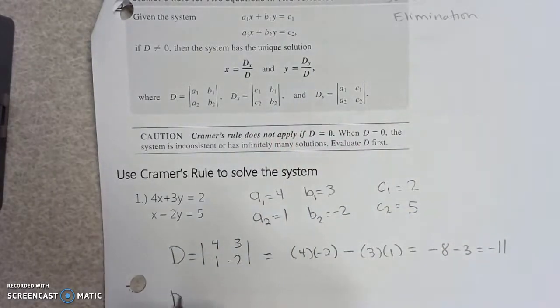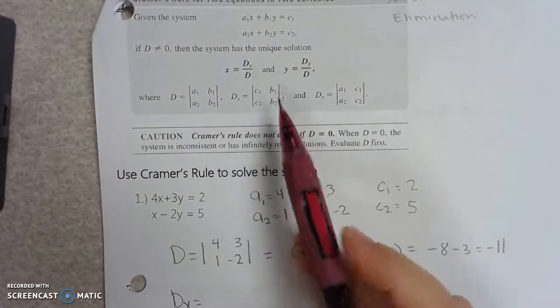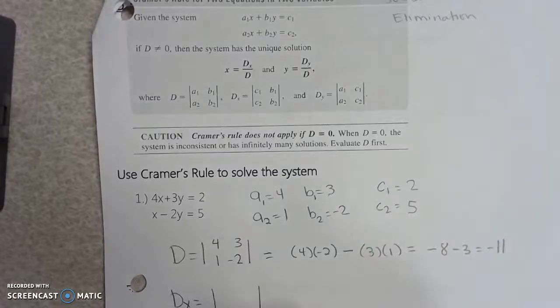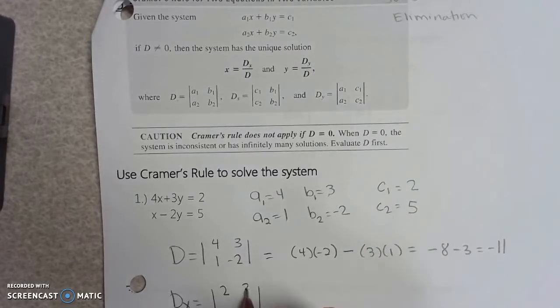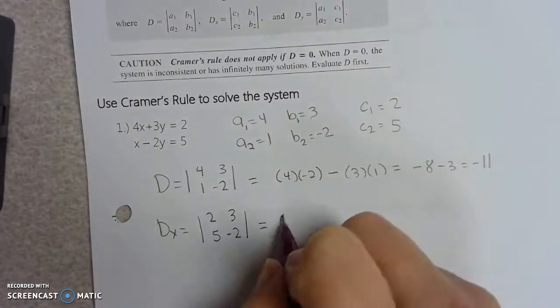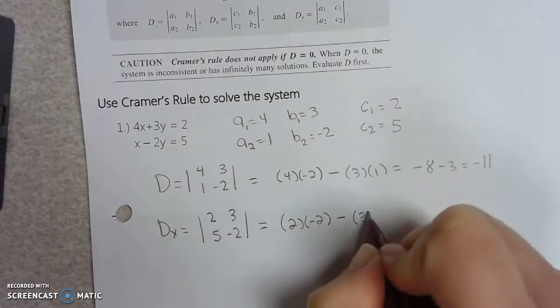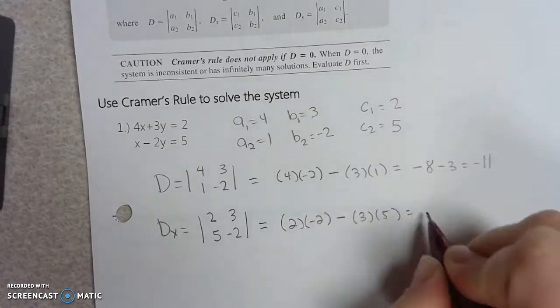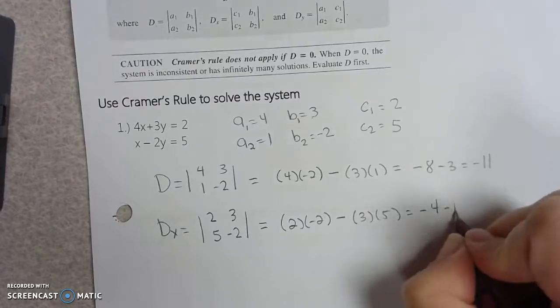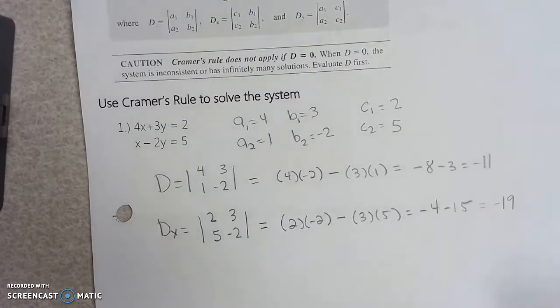So d sub x is c1, b1. c1 is 2 and b1 is 3. Then c2 is 5, b2 is negative 2. Then I'm going to multiply diagonally, 2 times negative 2, and subtract from that 3 times 5. So I'll have negative 4 minus 15, which is negative 19.